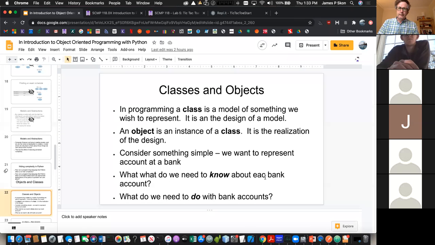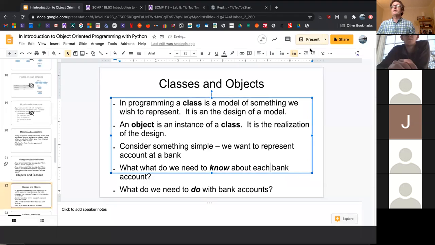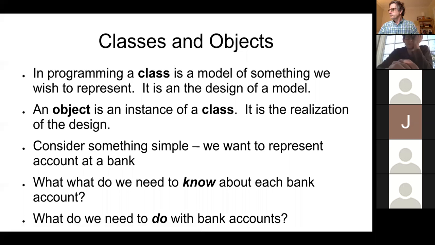What information is associated with a bank account, do you think? There's an account number. That's right. There's a routing number. A name belongs to the account. Yeah, the person who owns the account. What else? The actual amount of money inside of it.